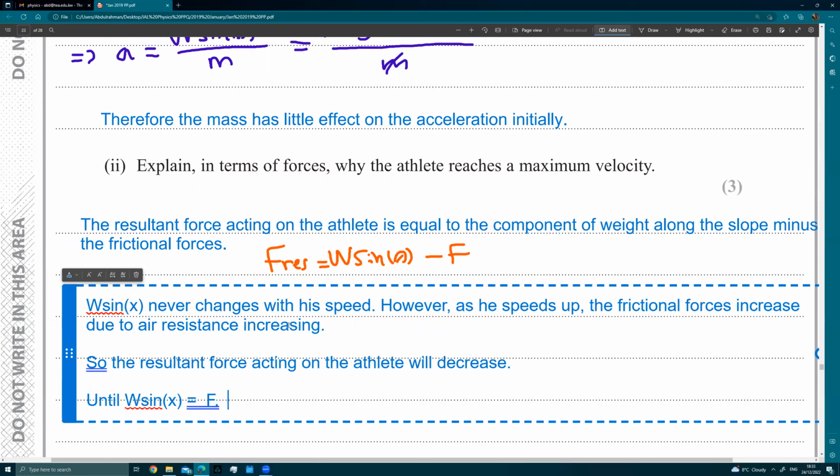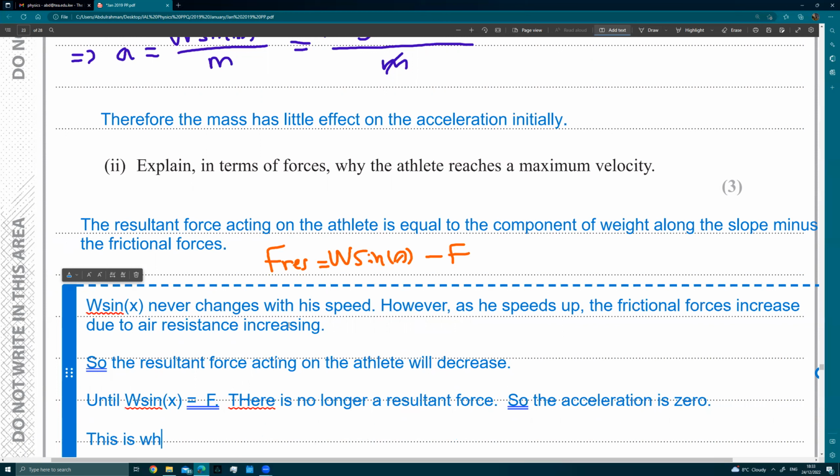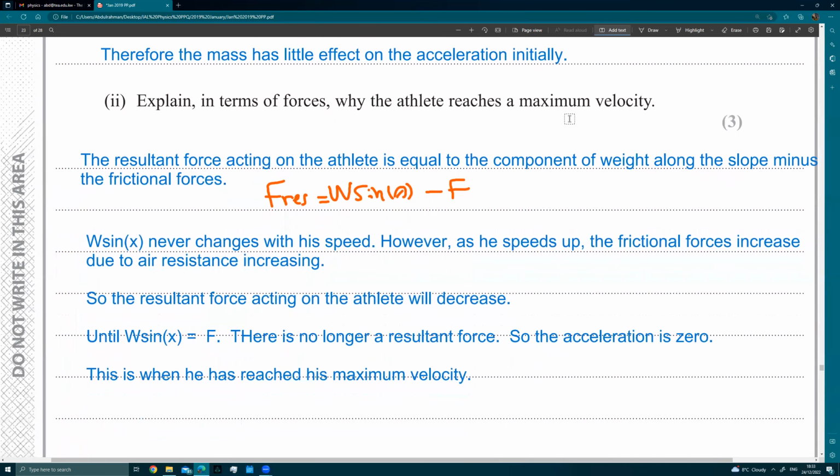There is no longer a resultant force, or the resultant force is now 0. So the acceleration is 0. This is when he has reached his maximum velocity.